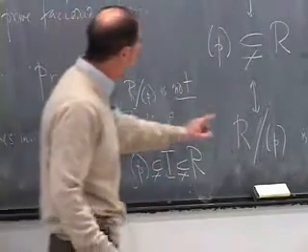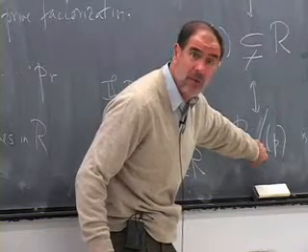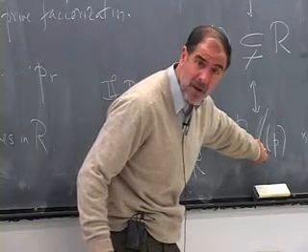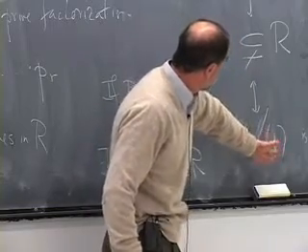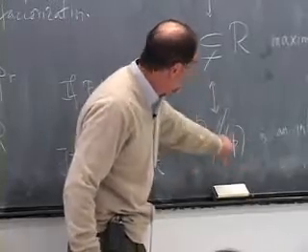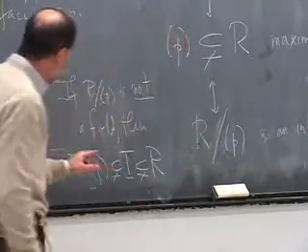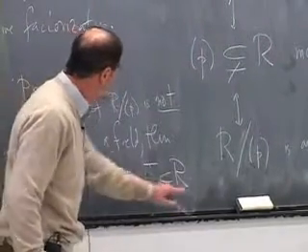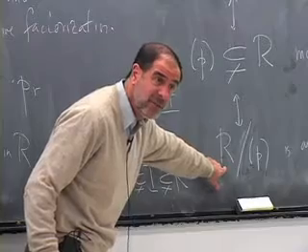So if you can find a prime element so that this is a domain but is not a field, that means that this quotient ring has more than two ideals, right? We proved a field was one where it had only two ideals, 0 and the whole ring. Remember about the isomorphism theorem, the ideals of this ring are exactly the ideals of R that contain P. So there has to be a non-trivial ideal that lies between P and R that creates a non-trivial ideal in this quotient ring, if it's not a field.